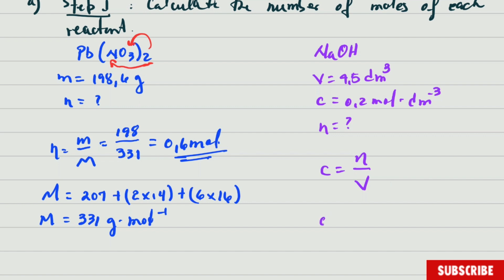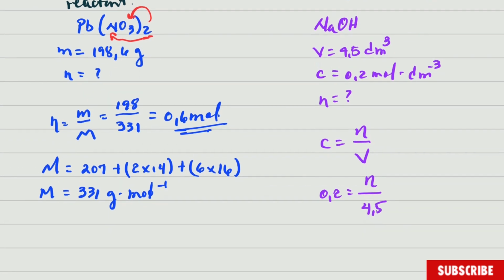So the concentration is 0.2, the number of moles is what we are looking for, and the volume is 4.5. When you solve this, you get that the number of moles is equal to 0.9 mole.